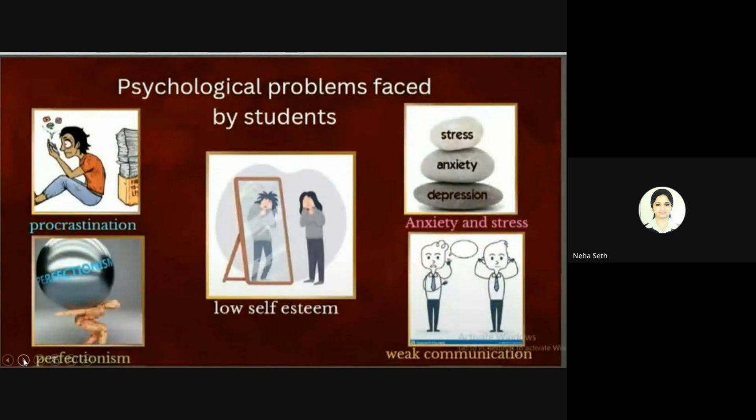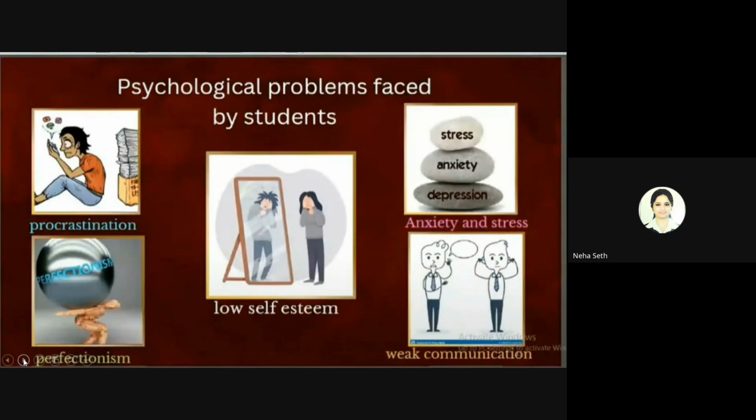And there is one problem which is at times ignored. We call it weak communication. Okay, as a teacher, we are often giving a student a chance to come and speak. We think that he or she might not be feeling like sharing or doesn't want to share it, but it may be possible that there is a communication gap because of which he or she is not able to share with us.